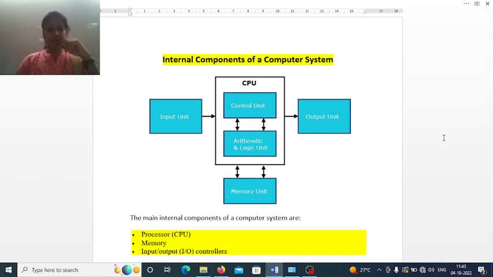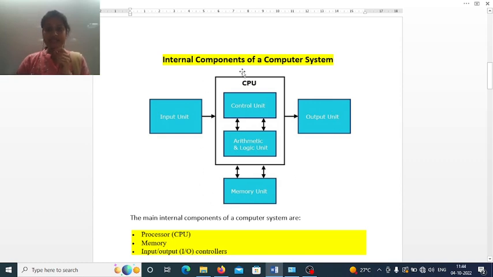In the previous video, you have learned about external components of the computer system. Now let's get familiar with the internal components of the computer system. As shown in the figure, the internal structure of a computer system is comprised of three units: CPU or processor, memory unit, and the input-output controllers.